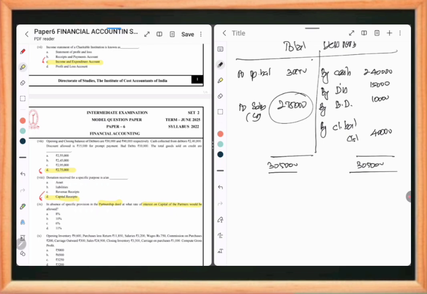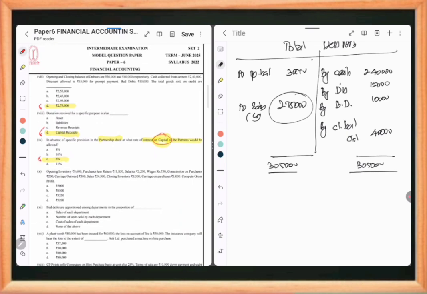If it were loan instead of capital, it would be correct. Interest on loan is fixed at 6% even if the deed is silent. So if it is interest on loan, 6% is the correct answer. Please make note of it, some mistake is there.